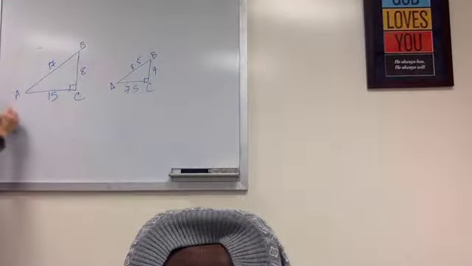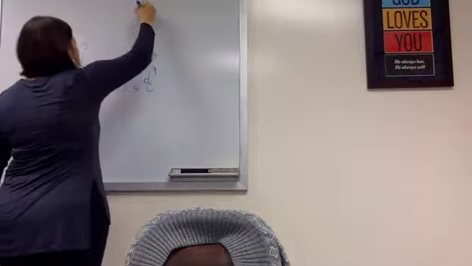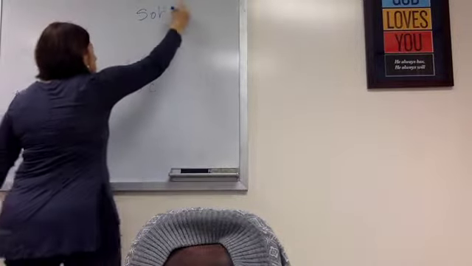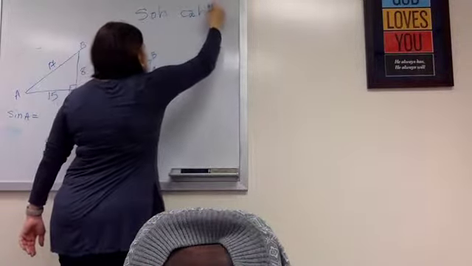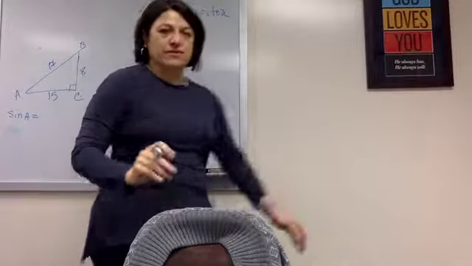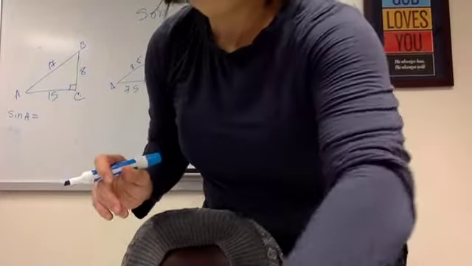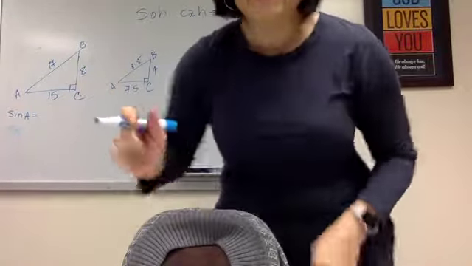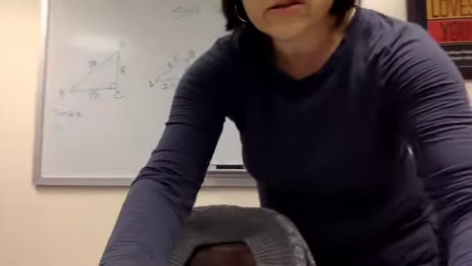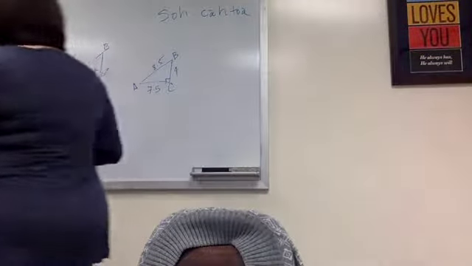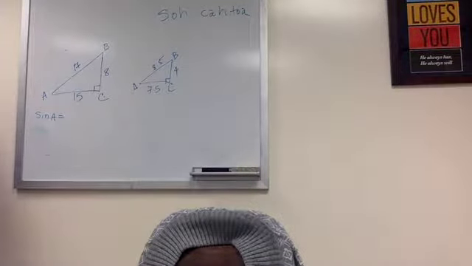So we're going to do this relative to angle A. So here's sine of angle A. What do we have to remember? Right at the top of your paper, go ahead and write SOHCAHTOA. That will help you. So sine is SOH.